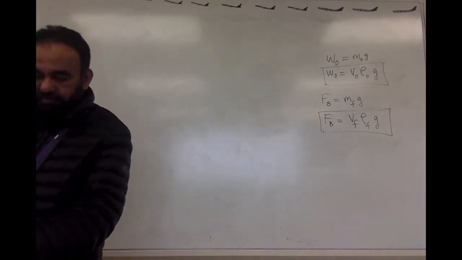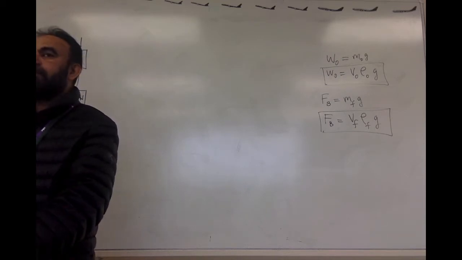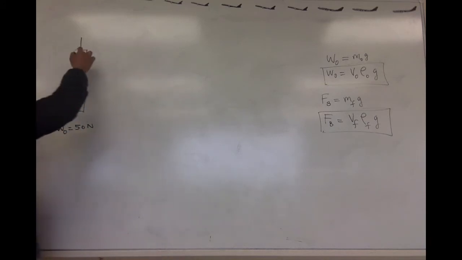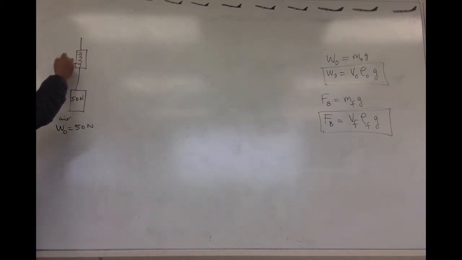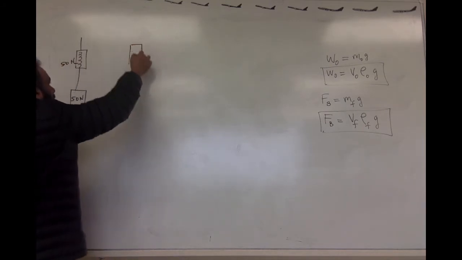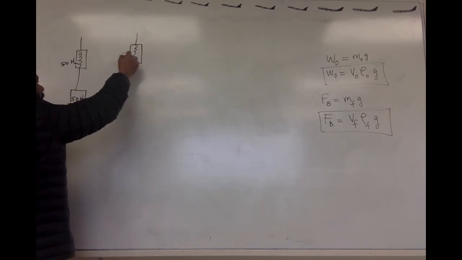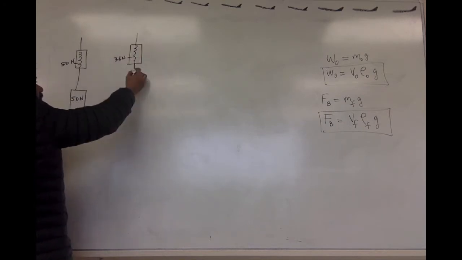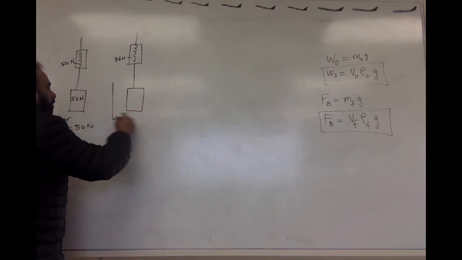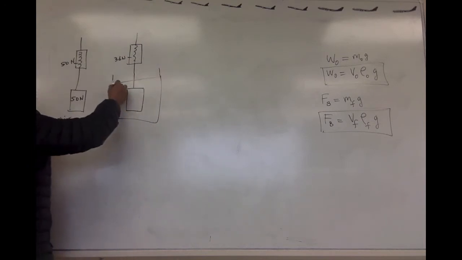Let's go to the next. And 36 newtons in water. The same object weighs 36 newtons in water. So here's my drawing. So this is 50. And the same object weighs 36 newtons in water.